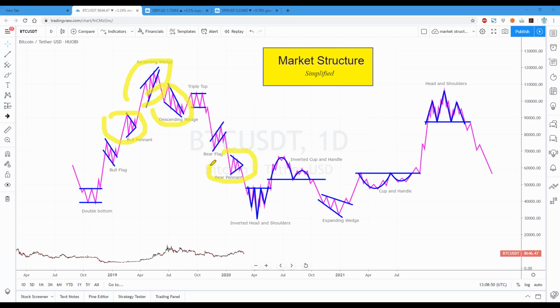And I found that it doesn't. And therefore, for me, it's not worth my effort to trade something that doesn't give me a high probability. But triangles on the whole give you a very high probability of success if you look at them correctly.